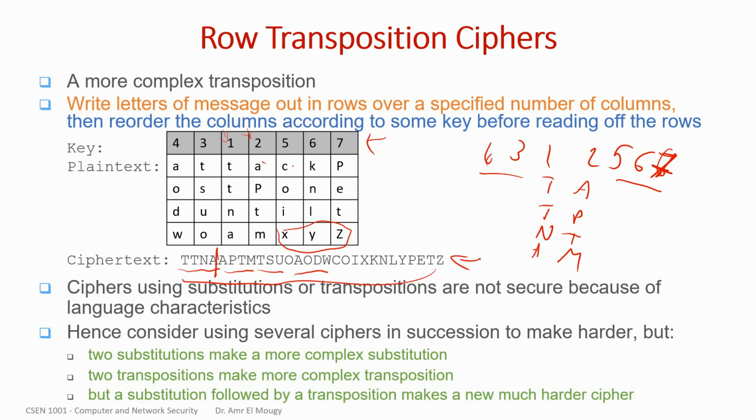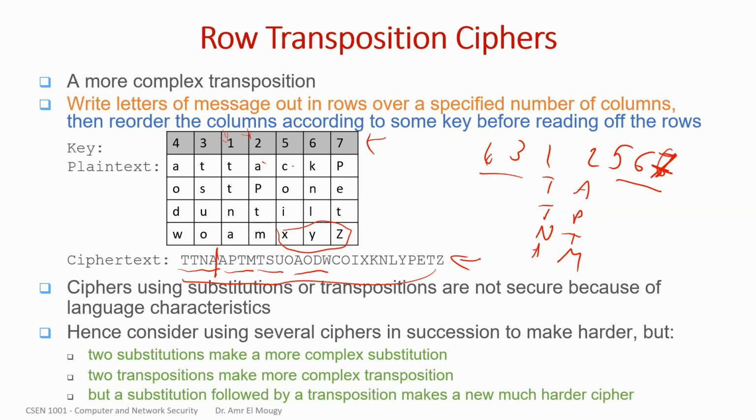So if you use, for example, 2 or more substitutions in a row, so you have, for example, monoalphabetic followed by Vigenère, or Vigenère followed by another round of Vigenère. Okay, this is way more complicated. Or you have row transposition followed by another row transposition, or row transposition followed by rail fence.